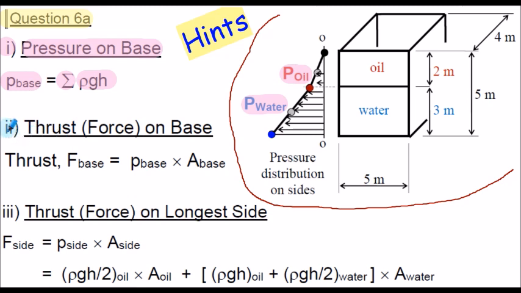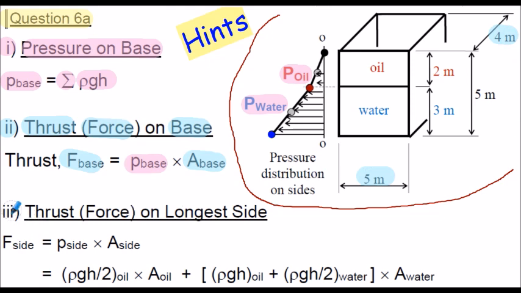Part 2 of the question, we've got to find the thrust, essentially the force that's applied to the base of the tank. So the thrust, simply F here, on the base is simply the pressure on the base calculated from above multiplied by the area of the base. And the area of the base is 5 meters by 4 meters.